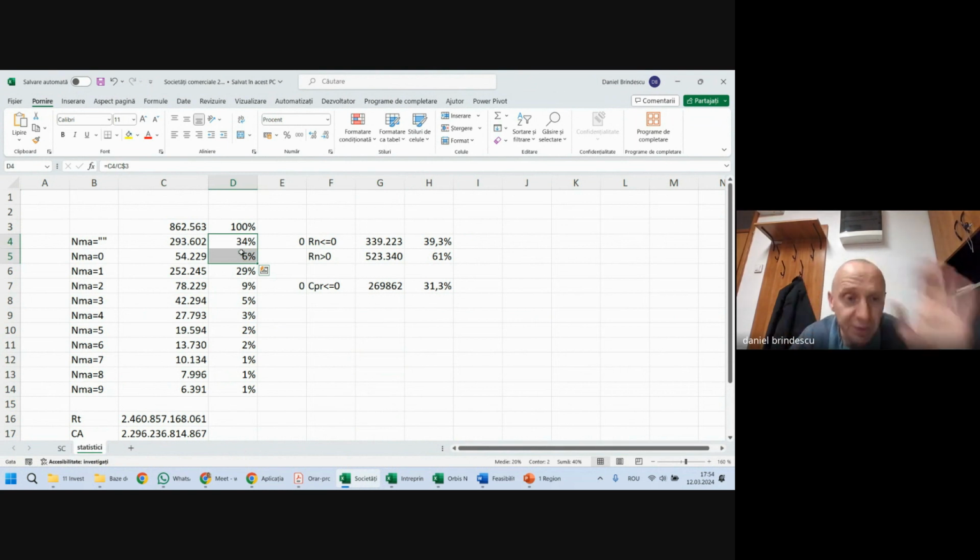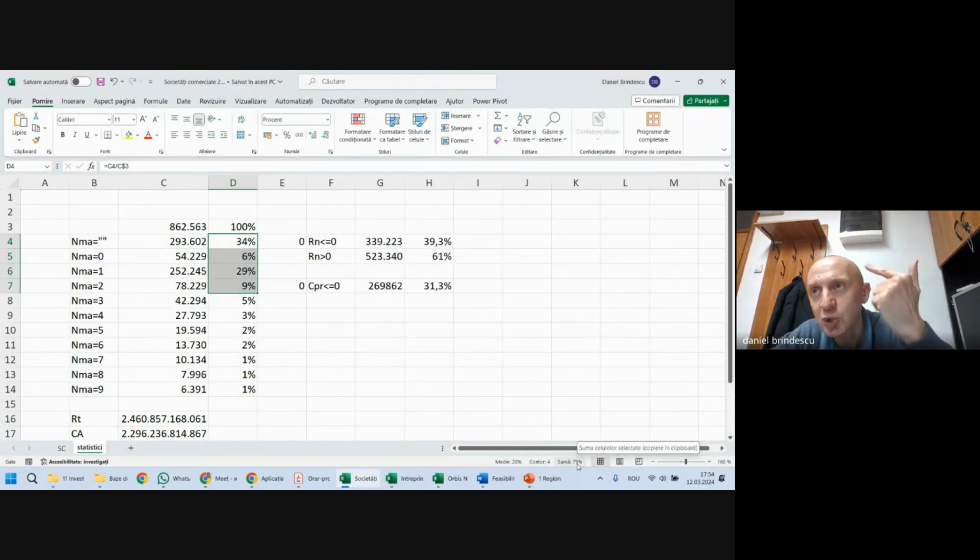So from all the companies, 40% have no employee. Another 29% have 1 employee. Another 9% have 2 employees. So as a total, 79% of all the commercial companies have 0, 1, or 2 employees.